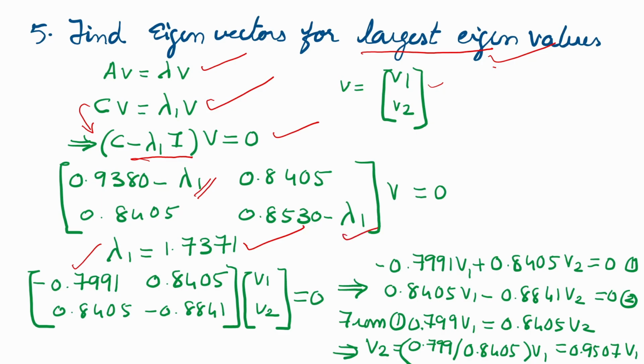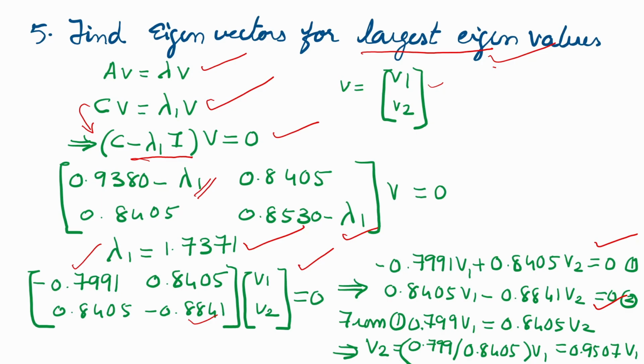Similarly here, 0.8530 minus lambda 1 gives you minus 0.8841. So this is the equation you are getting. Multiply it out and you will get two simultaneous equations. The first is 0.7991 into V1 plus 0.8405 V2, and this is the second equation.